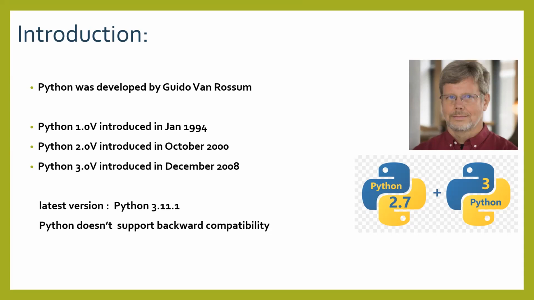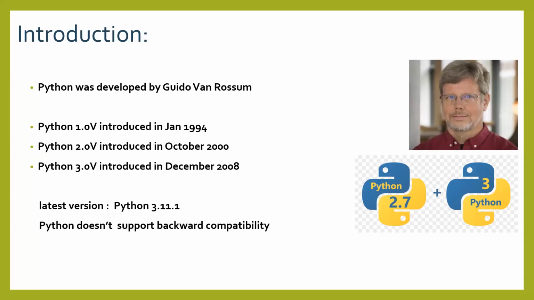For Python, we have three versions: Python 1.0, Python 2.0, and Python 3.0. Python 1.0 was released in 1994. After some upgrades, updates and rectifications, Python 2.0 was released in October 2000. After that, Python 3.0 was released in December 2008.